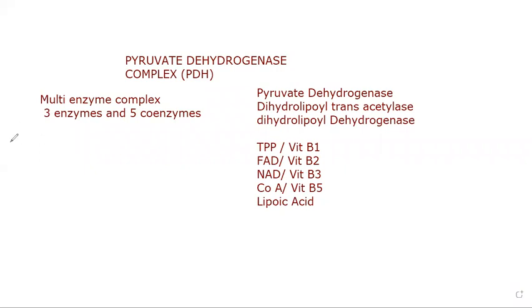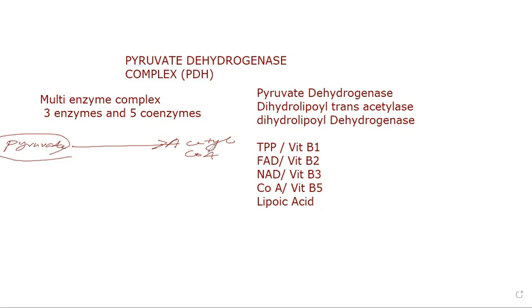So pyruvate is converted to acetyl CoA by this pyruvate dehydrogenase complex. This pyruvate is formed from glycolysis in the cytosol, and after the formation of pyruvate, it is transported to the mitochondria from the cytosol.